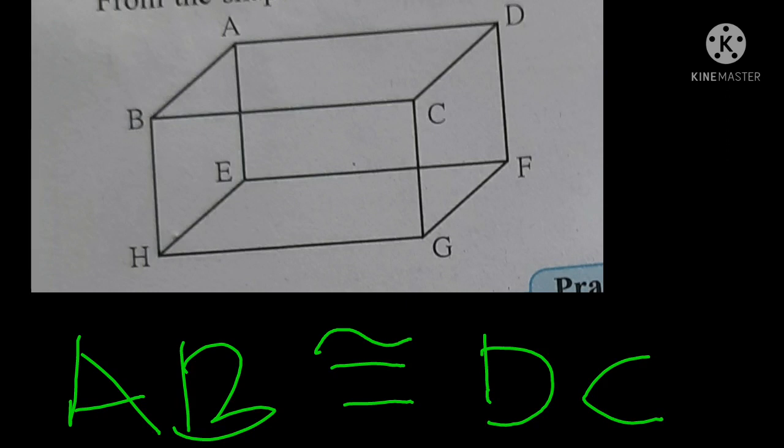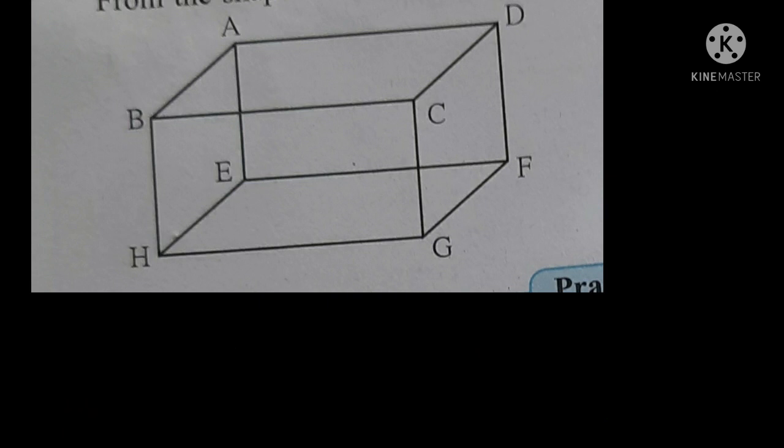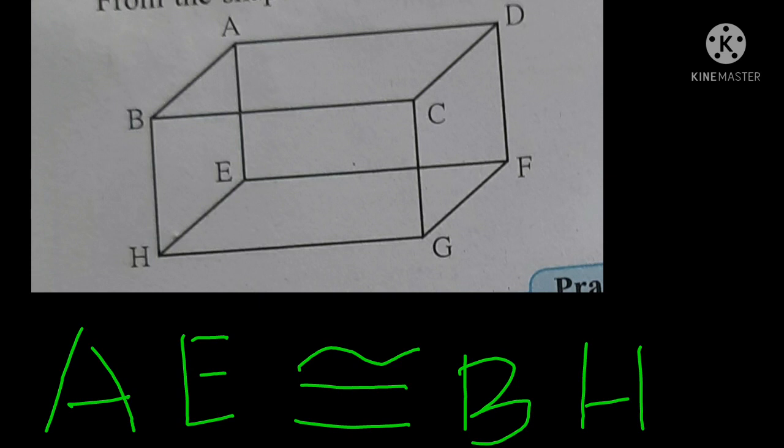When we observe, all its sides are segments. So here segment AB is congruent to segment DC. These two sides are congruent. Second pair, segment AE is congruent to segment BH.